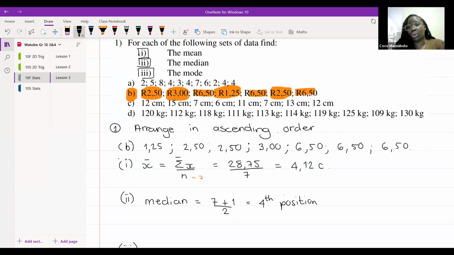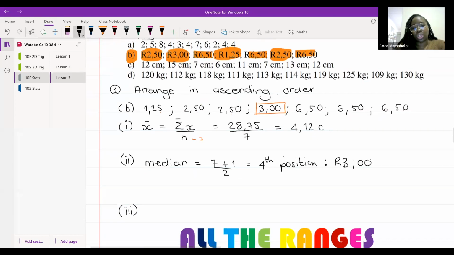Right, so I'm going to look for the Rand value in the 4th position, which is going to be, let's count, 1, 2, 3, 4. My median is 3 Rand, correct. And my mode, which number shows up the most? My mode is going to be 6 Rand 50.